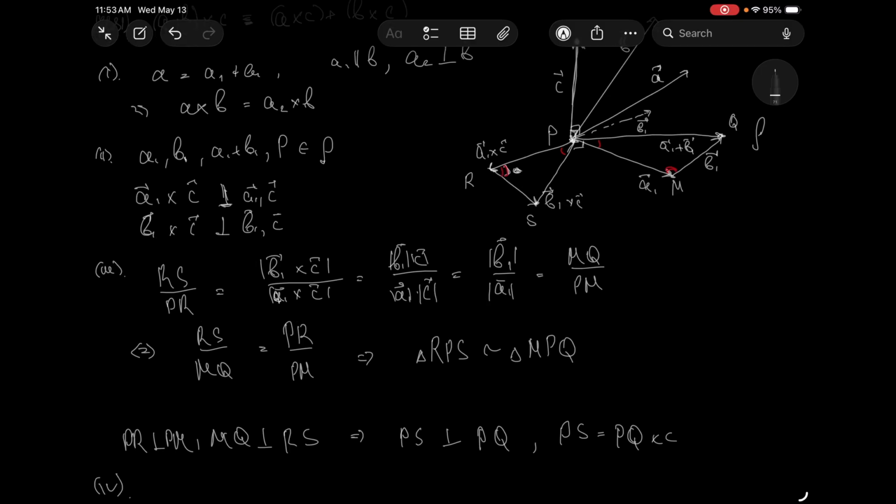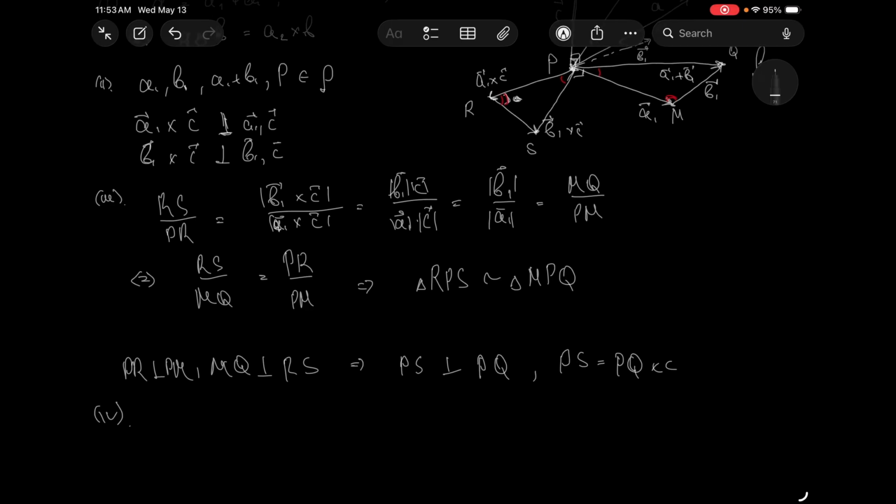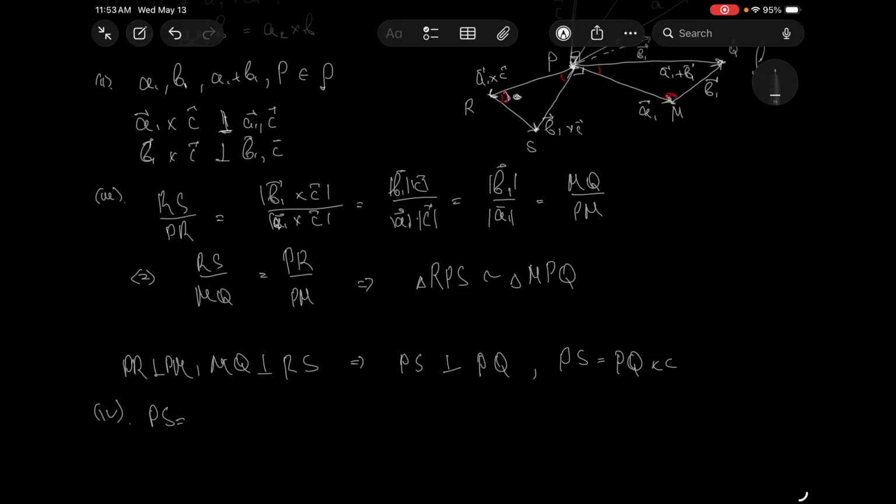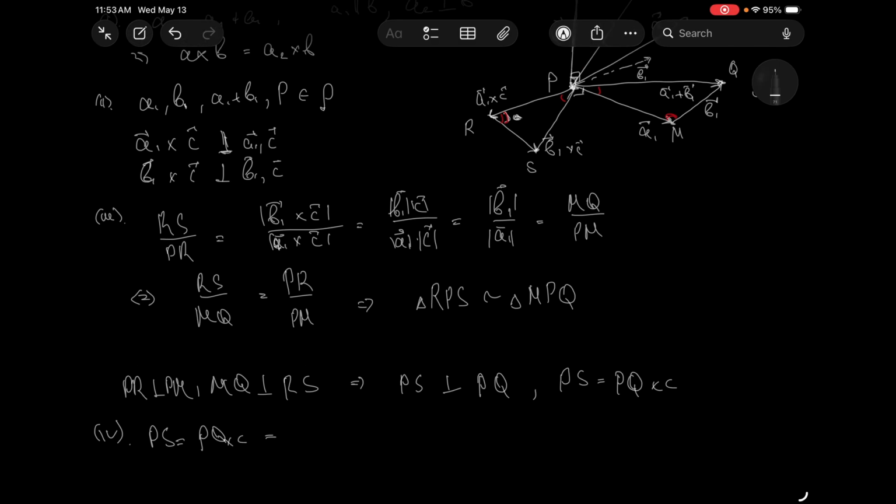So what does that mean? It means that our PS equals PQ cross C. And at the same time, our PS is the sum of vectors a1 cross c plus b1 cross c. And our PQ is essentially a1 plus b1.